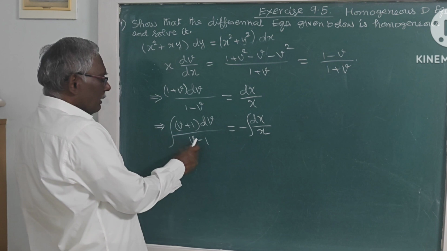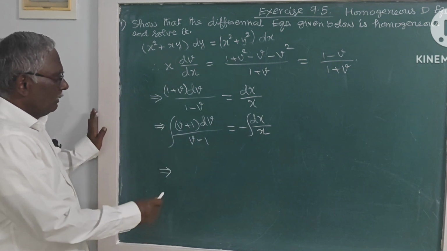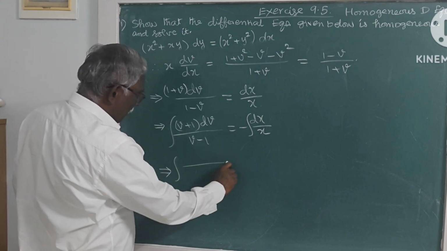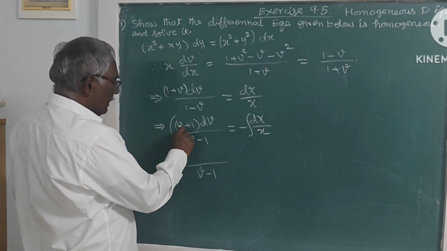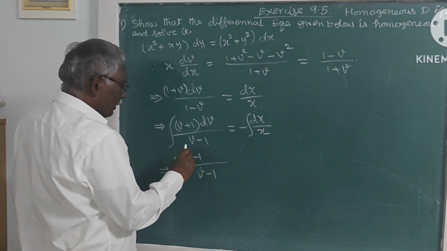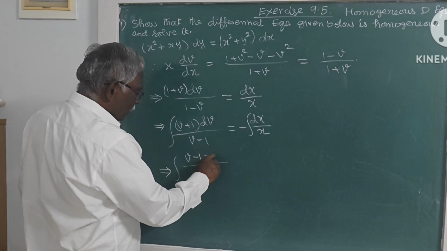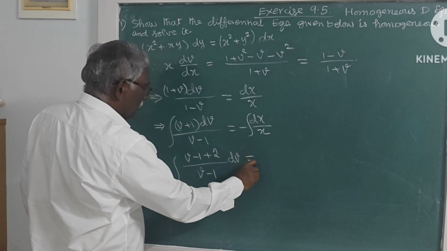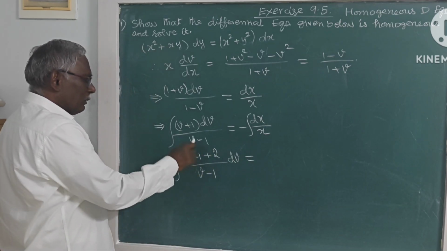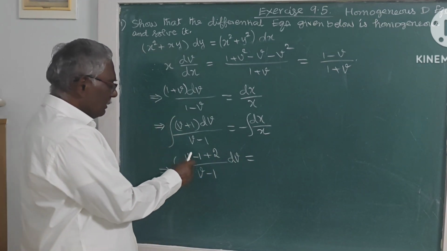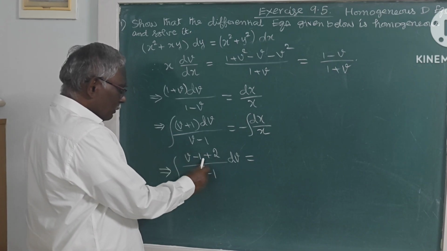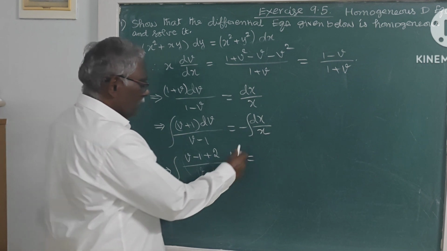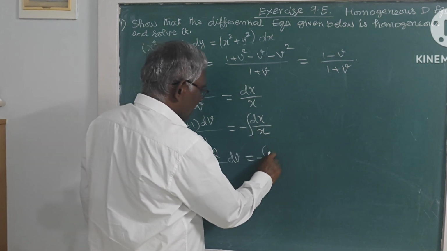The degree of numerator and denominator are both the same, so we can adjust the numerator. We have v minus 1 there, so we write 1 plus v as v minus 1 plus 2, dv, so that v minus 1 by v minus 1 becomes 1, equal to minus integral dx by x.